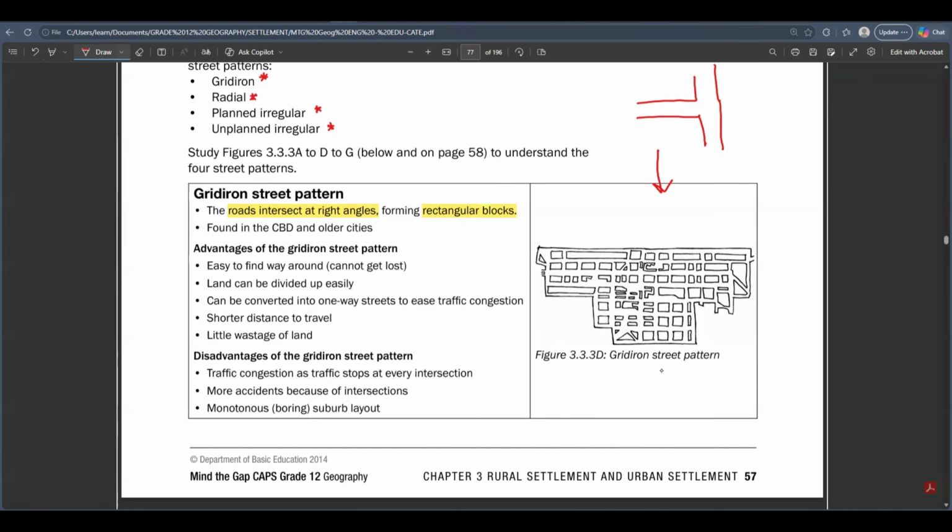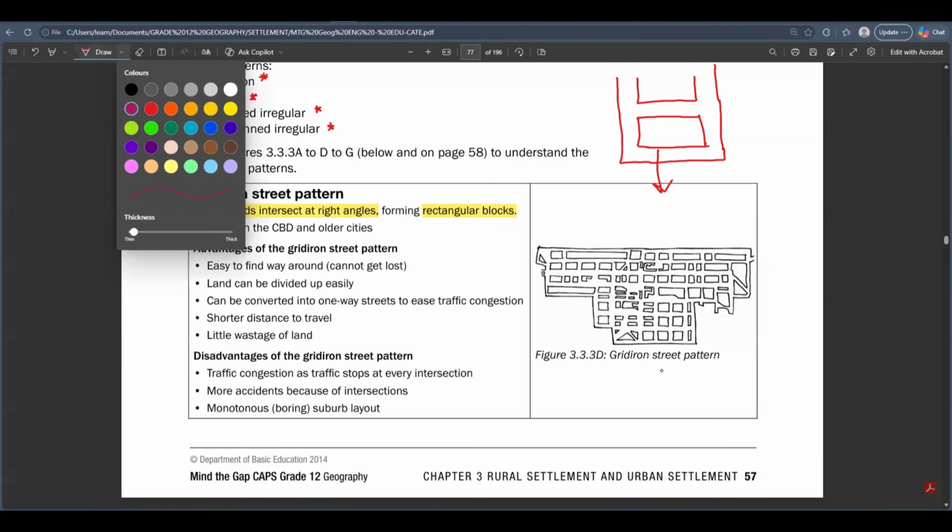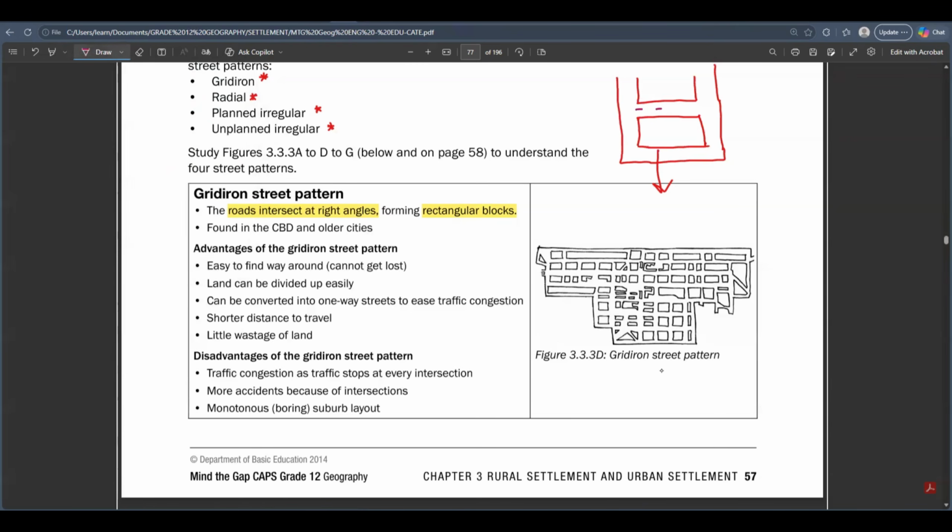When you have two roads intersecting, they intersect in such a way that the angle between them is 90 degrees. Let's just say here you have different roads, something like this. We have a road that is moving in this direction, then another road there, another road here, and another road here.